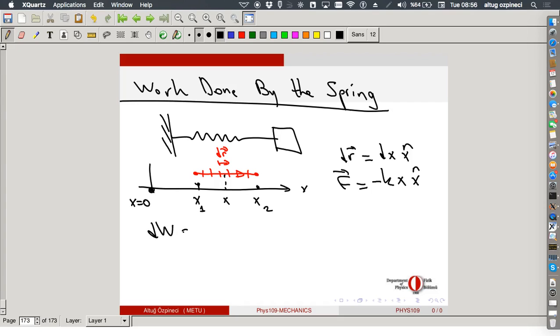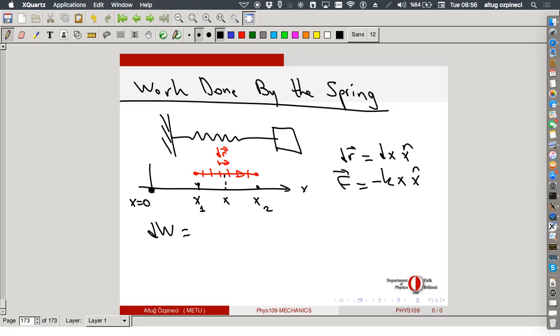So the work done in that segment. You see, I'm just looking at the work done at that segment only.